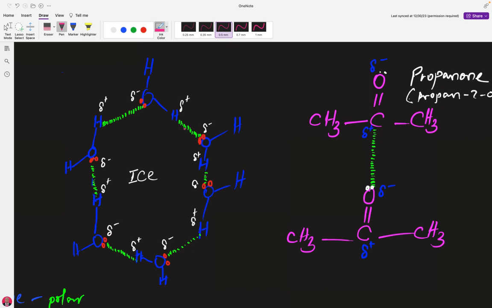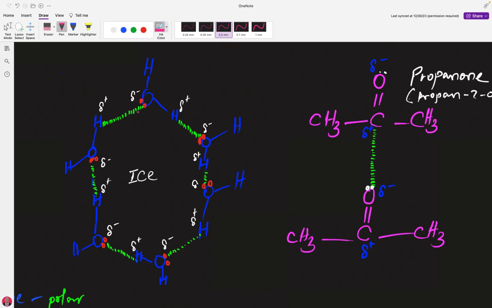Oxygen is highly electronegative, and because of the difference in electronegativity, it has a partial negative charge.